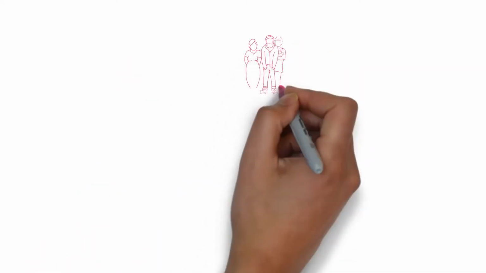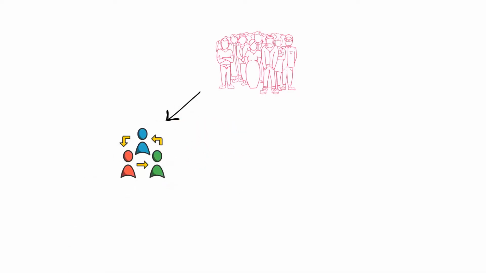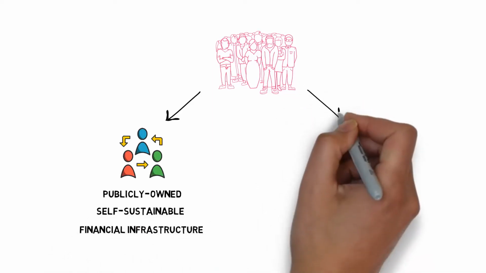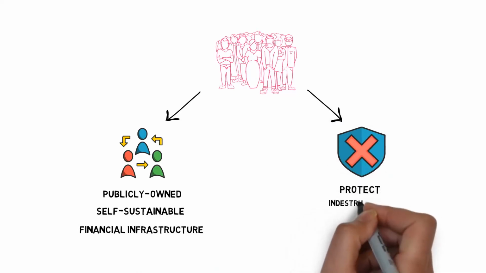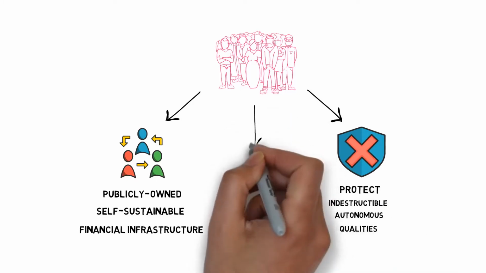By launching a token, the UNISWAP team wanted to further decentralize the protocol, making it a publicly owned and self-sustainable financial infrastructure, while still continuing to protect its indestructible and autonomous qualities and working on UNISWAP v3.